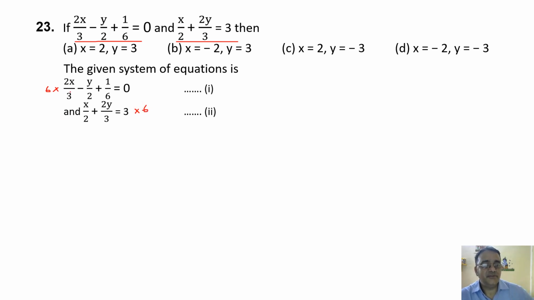So if you multiply with 6, the first term will become 4x and this will become minus 3y and this will become plus 1. Or if you shift to this side, it will become minus 1.